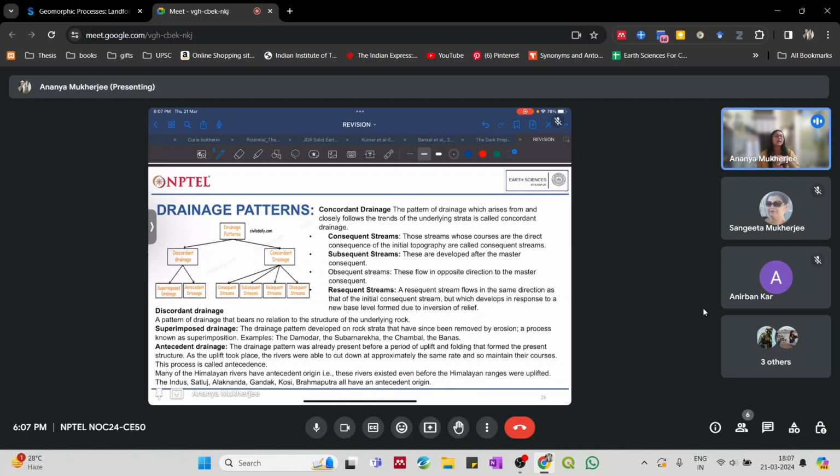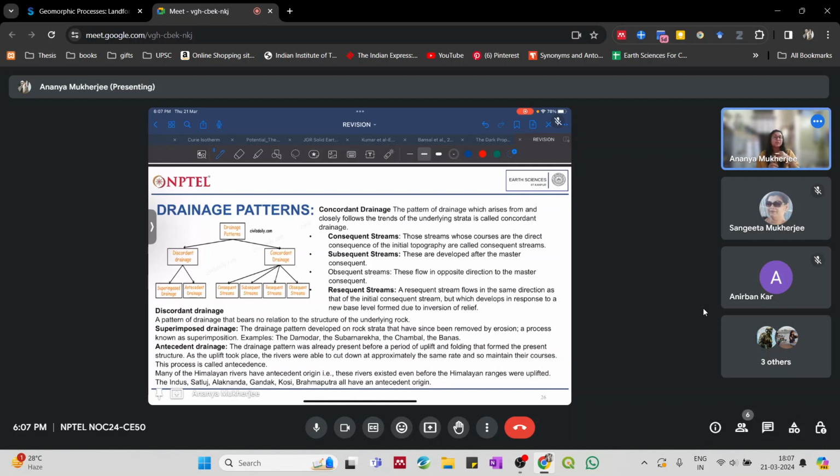Okay. So then, because we said that the channel patterns that we had discussed before are mostly controlled by the channel stability, the slope stability, and the amount of sediment that it can carry, now drainage patterns are created because of the underlying geology that is present over there. Okay, so you can have two types of drainage patterns. You can have discordant and concordant.